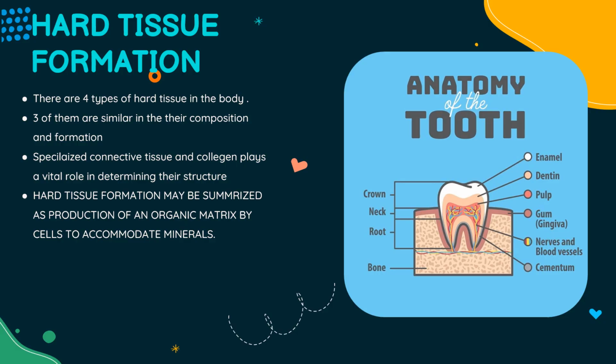So moving on to hard tissue formation, there are four types of hard tissues in the body, which are enamel, dentine, cementum, and bone. This is a cute little diagram of a tooth in which you can see this is enamel, this is your dentine, here somewhere will be your cementum.